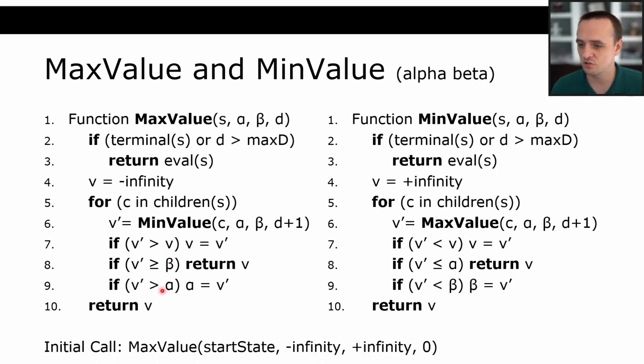If v prime is greater than alpha, then alpha is equal to v prime. And so this line is the cut, saying that if we see something outside of our window, stop doing computation and just return the value. This line right here says if we see a new best value, then set that equal to alpha. Okay? And the opposite happens over here for the min value.